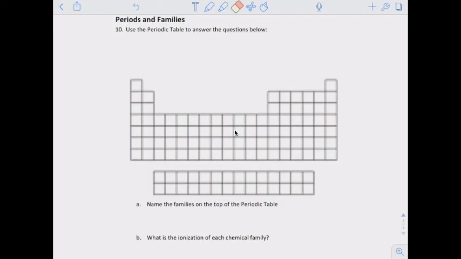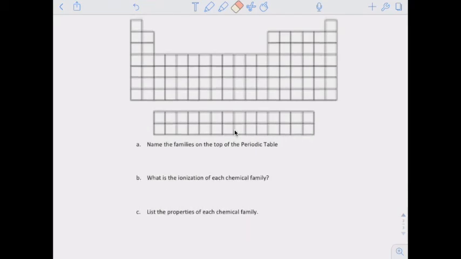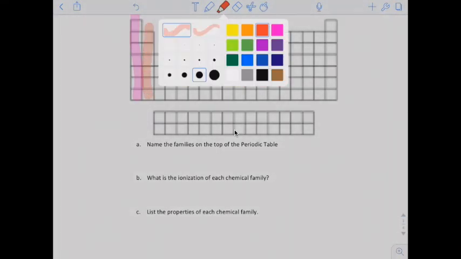Now looking at the periodic families, it says in number 10, use the periodic table to answer the questions below. It says name the family on the top of the periodic table. So when we're starting over here, we see that we have the alkali metals, and then we have the alkaline earth metals.